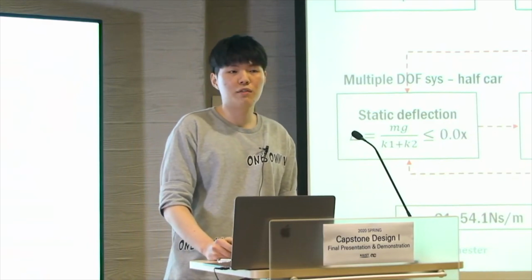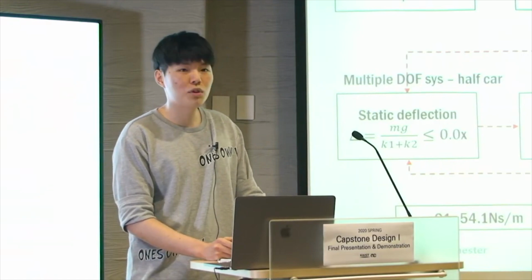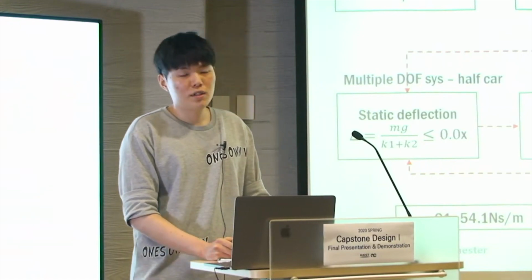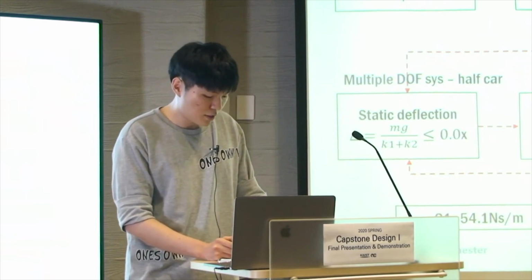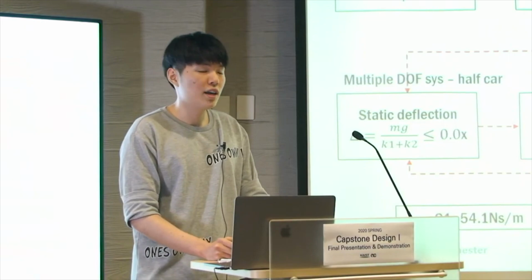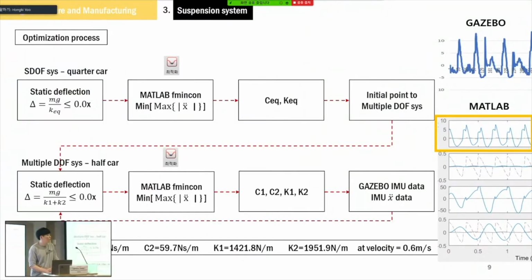Then we chose this CK value for initial point to optimize half-car model, multi-degree of freedom system. Then we simulated with our model in gazebo environment with these values and compared with IMU acceleration result. Then we adjusted the static deflection condition. By repeating this process, we found the optimal suspension parameters.